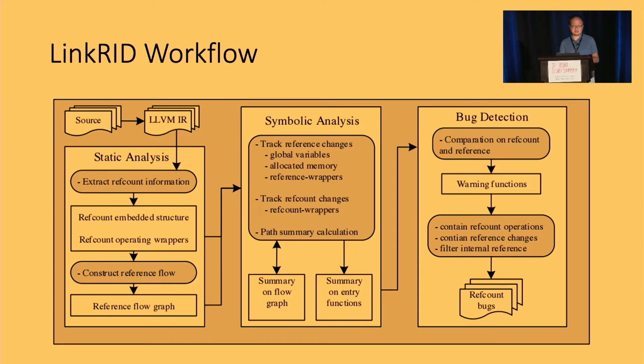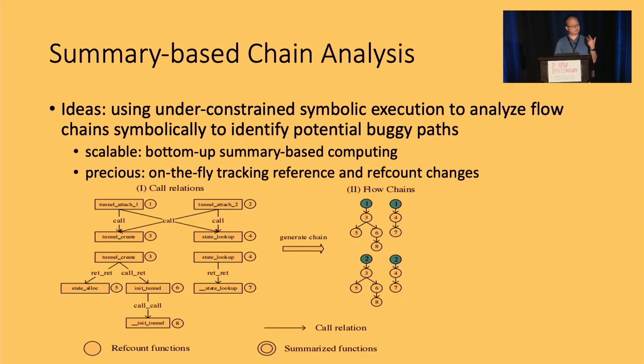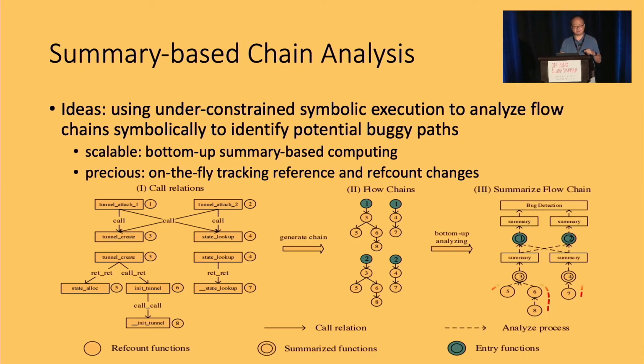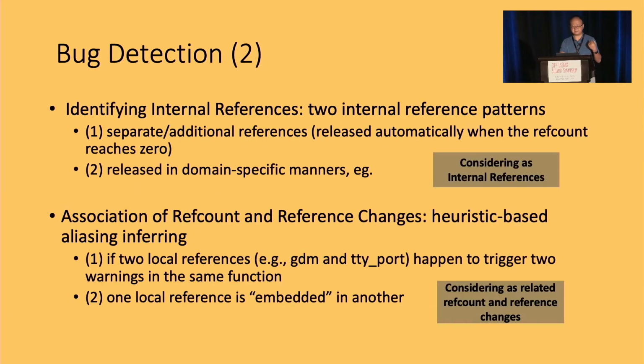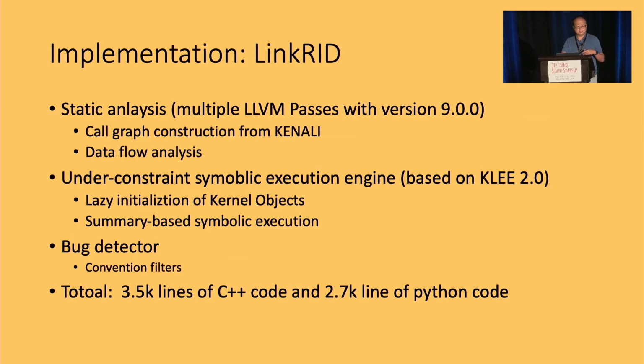In this step, we do some summary-based analysis to further increase the scalability. Once we have this, we can do bug detection. And once we find some bugs, we apply some heuristics to filter out potential false positives. I don't have much time, so I will just briefly go through this analysis. For more details, you can find them in the paper.